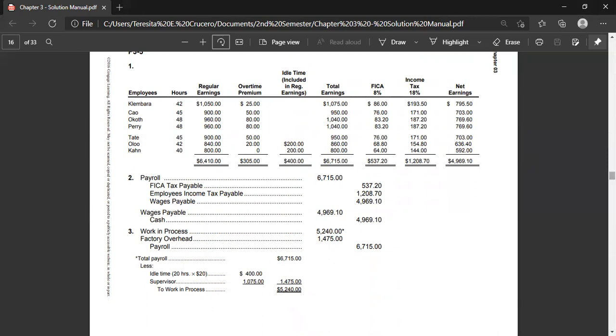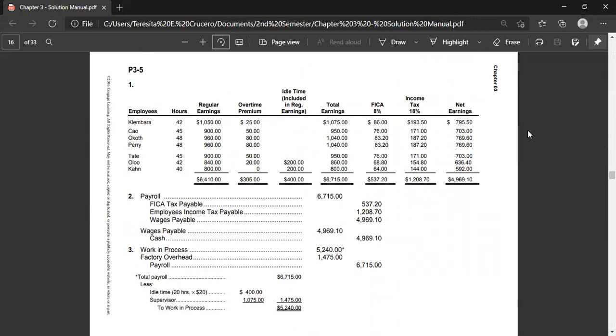So in 3-6, computing and journalizing employers' payroll taxes. For requirement number 1, using the above form, calculate the employer's payroll taxes for April.